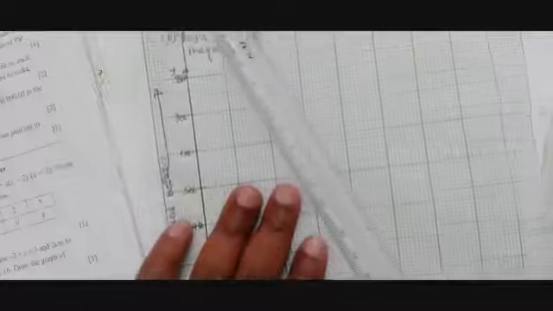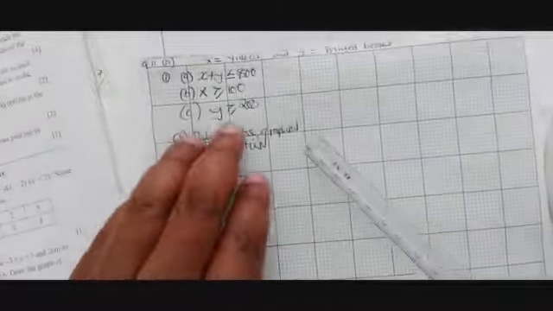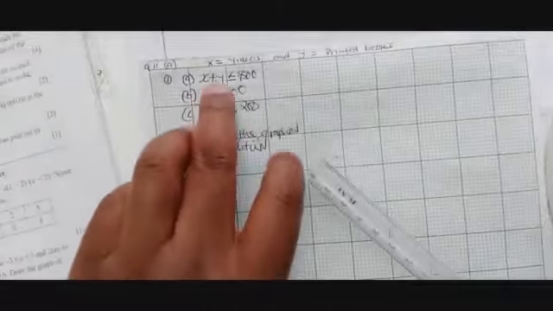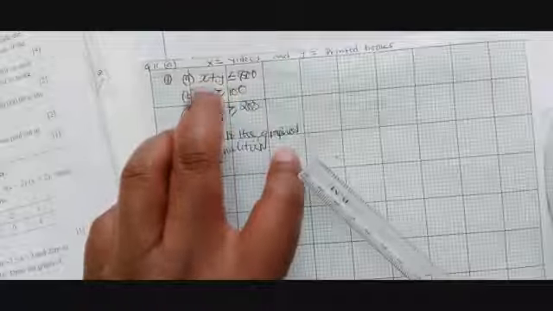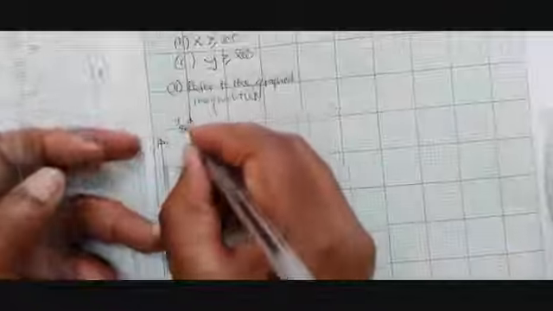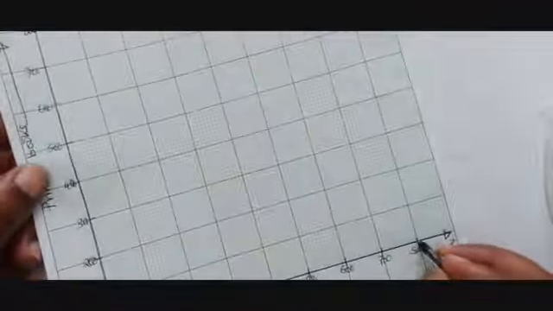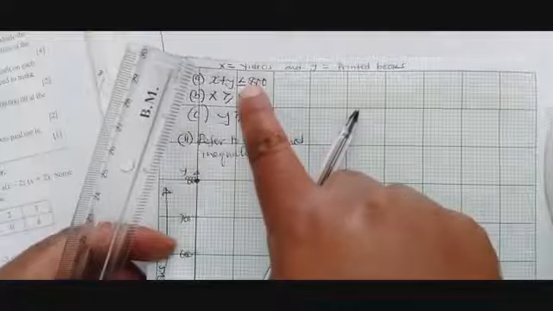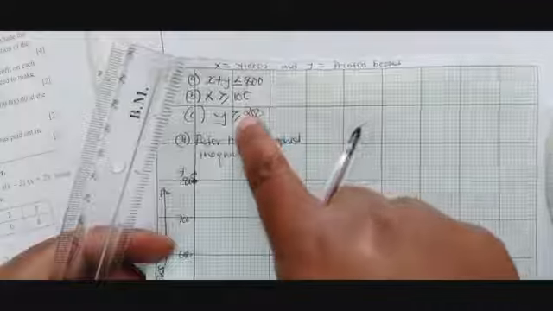Now, look, this is the easiest inequality you can ever plot, this type, where there are no other coefficients apart from 1 and there's 800. What they are telling you here is, you put a mark here at 800, you go to the x-axis, put a mark at 800, then join this with a ruler. Alright? Now what kind of a line? To be a solid line, because there's a bar. Here there's a bar and there's a bar. Okay, so this is what we are going to do.